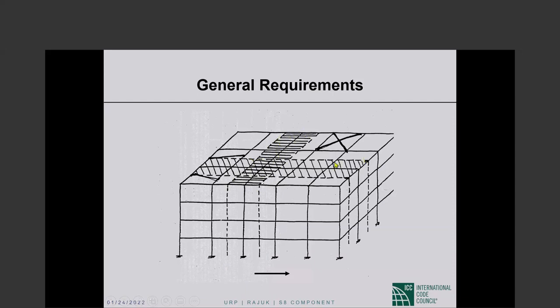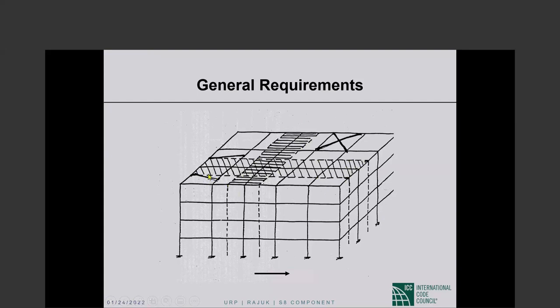And then we cut this portion out of the building for design of the slab strip running in the left to right direction. Okay, so this strip is taken from panel center line to panel center line, and that strip also is taken from panel center line to panel center line.